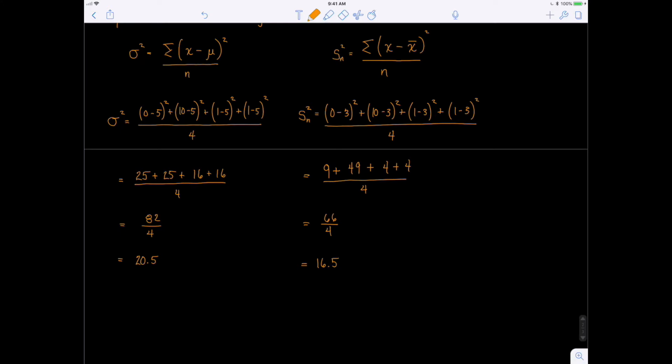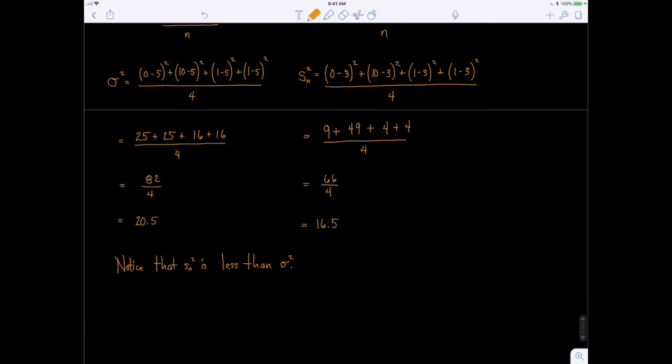16.5. So here's what is significant about that. Notice that Sn squared is less than sigma squared. And it's a long and lengthy mathematical proof, but what you can actually prove is this is always the case.